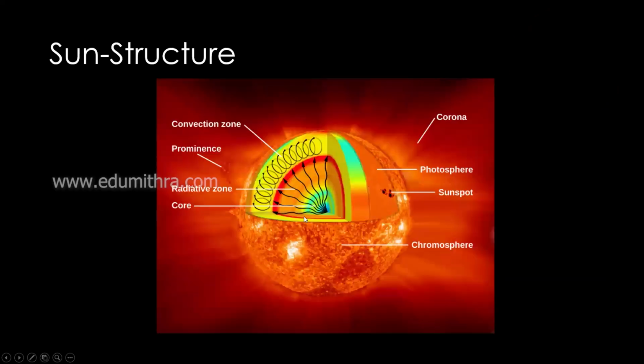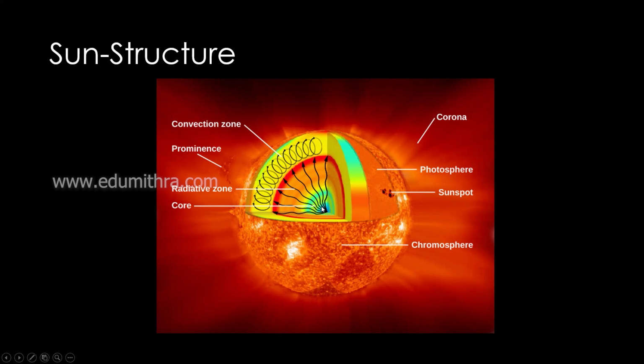Now let's study the structure of the sun. Here you can see this is the center of the sun where some energy generation is happening. We will learn what is happening there later, don't worry. So energy is generated not on the surface but at the center, at the core. We call it the core.